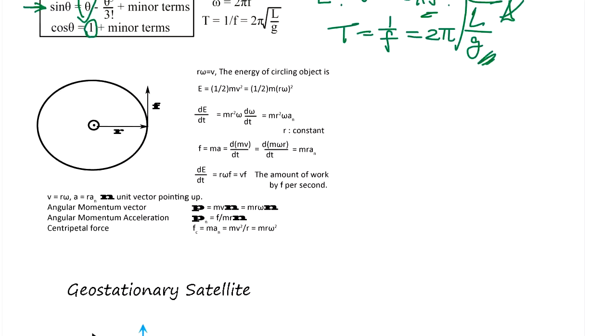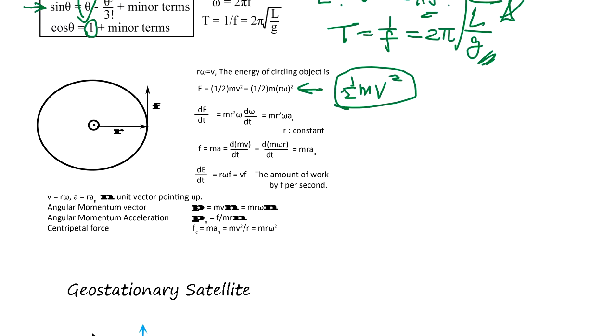Okay, let's consider how much energy is used for circulating this point mass. Actually, the kinetic energy is 1/2 mv square, right? So that's the kinetic energy it's holding.